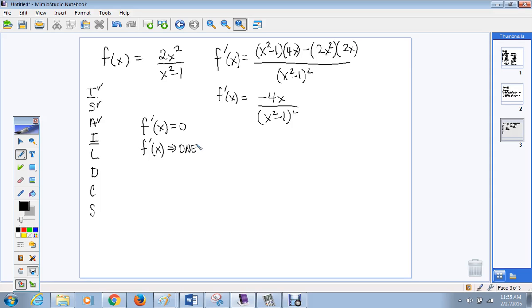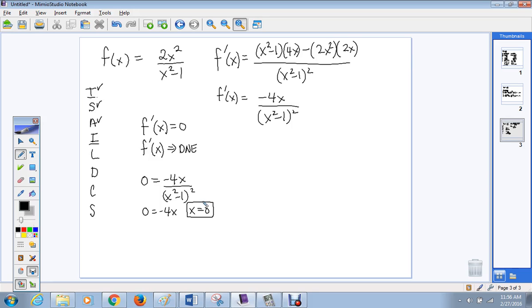First off, let's set our derivative equal to 0. And here we see that if we set the numerator equal to 0, we get a critical number at x equals 0. There's our critical number from setting the derivative equal to 0.